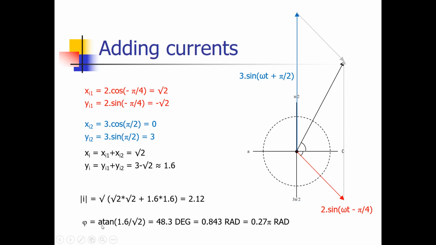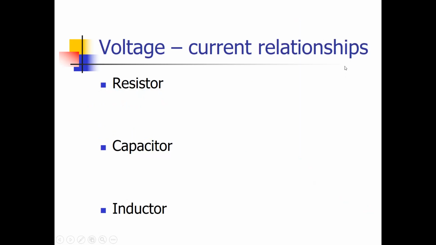So the arctangent, or the tangent inverse of 1.6, which is the vertical part, divided by the horizontal part, which is square root of 2, and then we get 48.3 degrees, which equals 0.843 radians. Well, that's the combined vector. So that is the current which flows into that resistor.